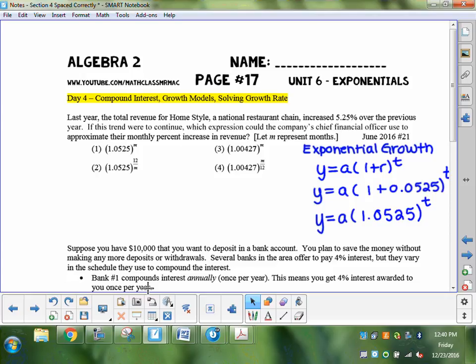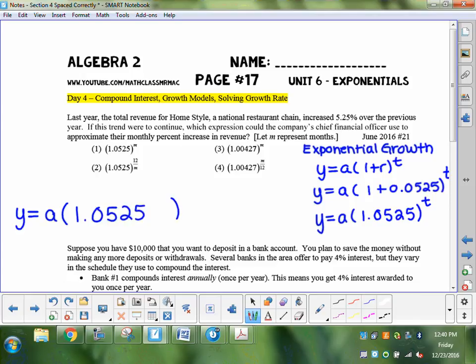Here's what you have to recognize. As of now, with this formula, the frame of reference or the units would be this percentage per year. We're looking to figure out what it is per month. So what I need to do is take y equals a times 1.0525.